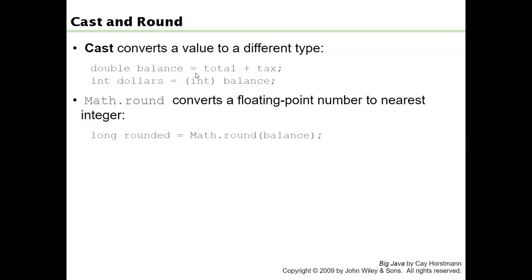So if you take balance and it's got 0.50 or higher, it's going to round up. Otherwise, if it's below 0.50, then it's going to round down. So 13.75 gets rounded up to 14. But if it was 13.49, it'll get rounded down to 13. That's what round does.